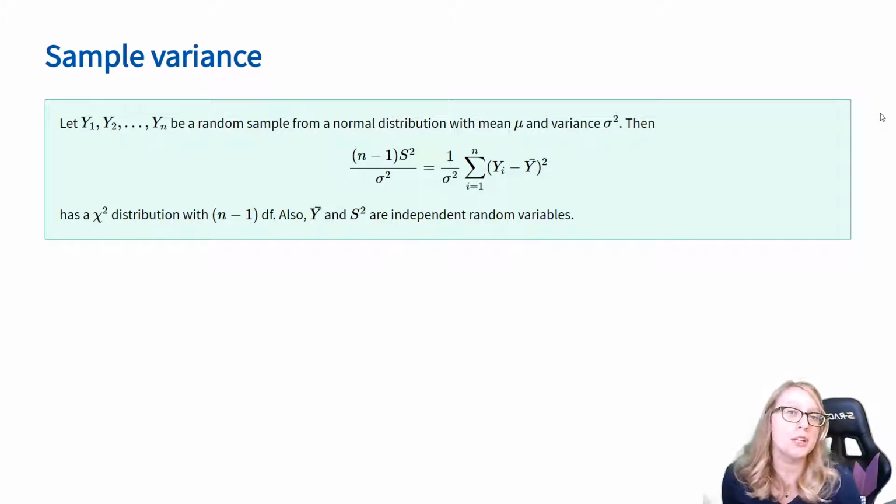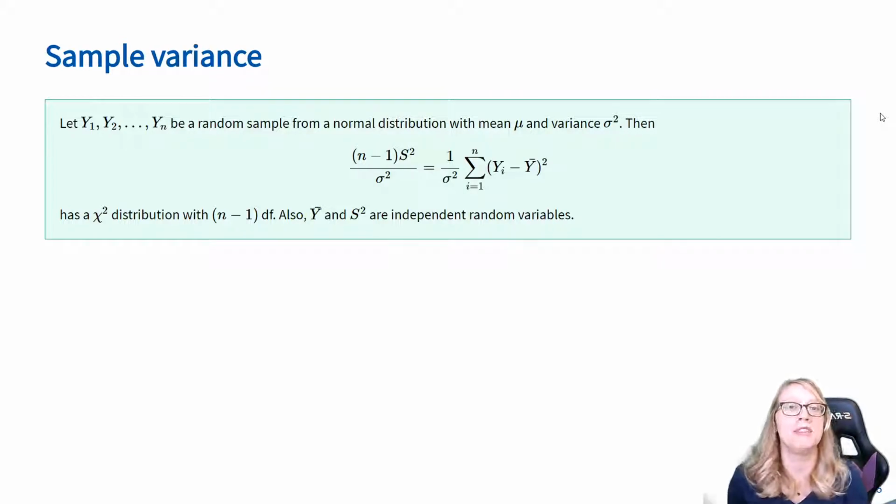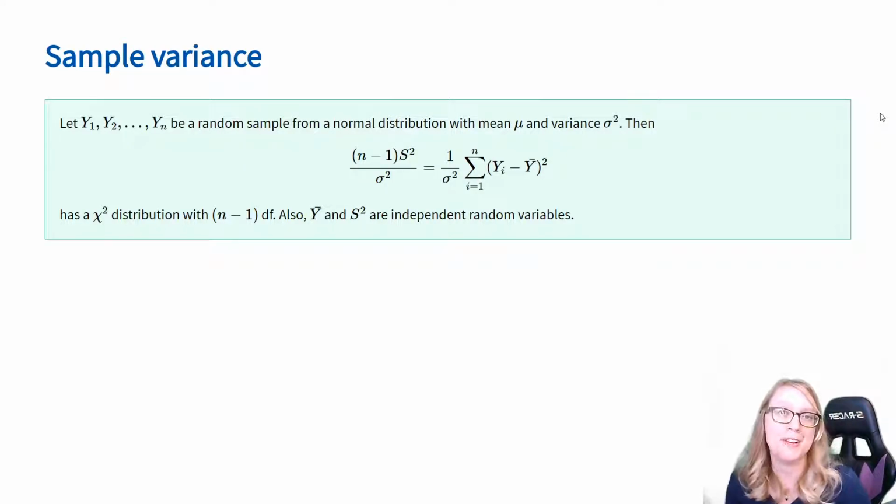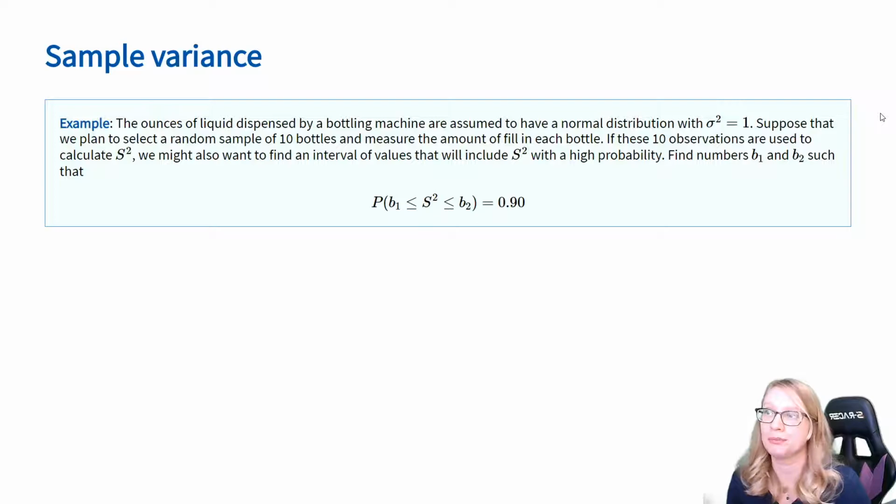It can also be shown that the sample mean y bar and the sample variance s squared are independent random variables. So there's no correlation; the covariance is 0 between y bar and the sample variance.